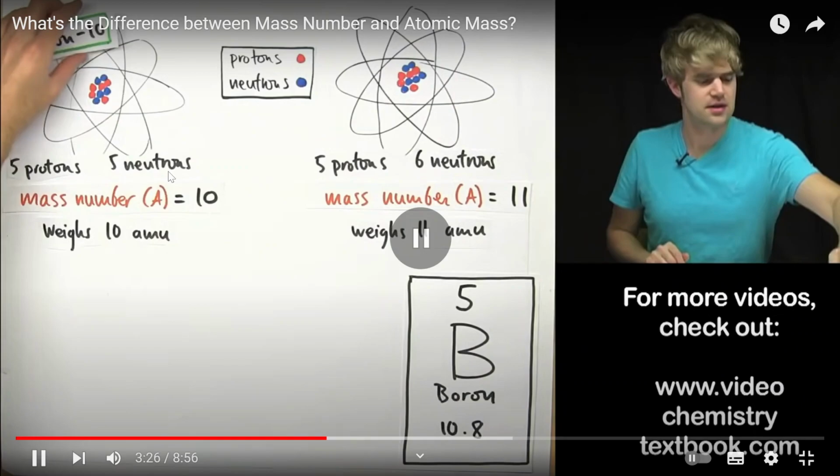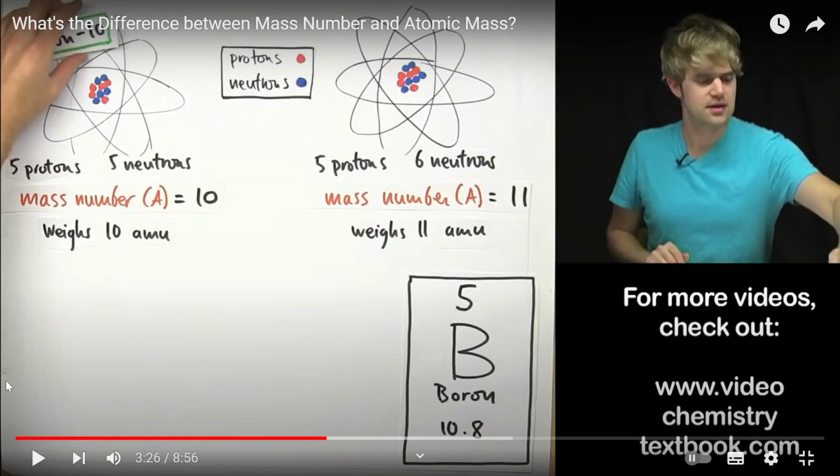Boron dash 10, and the one on the right? Boron 11. Boron dash 11. This atom over here is an example of boron 10, because it has a mass number of 10, 5 plus 5. And this atom here is an isotope of boron called boron 11. 5 plus 6 has a mass number of 11.